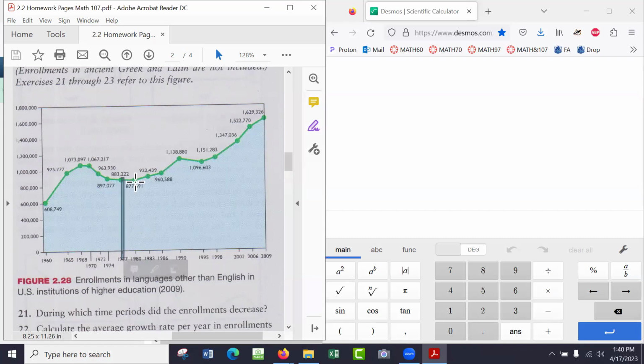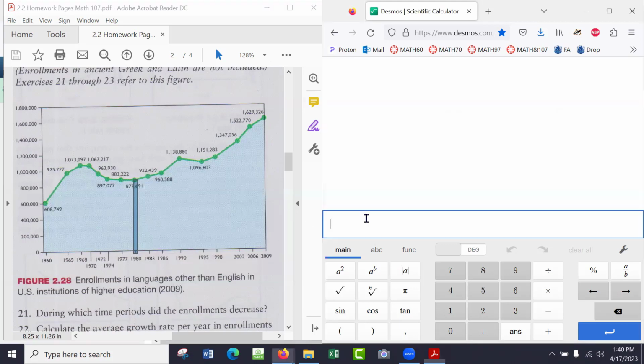But then we go down again to 877, that's 1980. But then we go up. So it's been going down from 1968 all the way through 1980, because from 1980 to 83, it actually went up. So here's one time period that it went down, 1968 to 1980. All right.